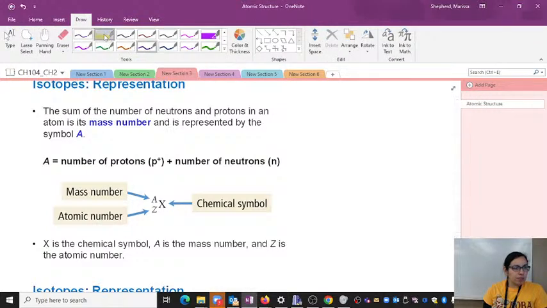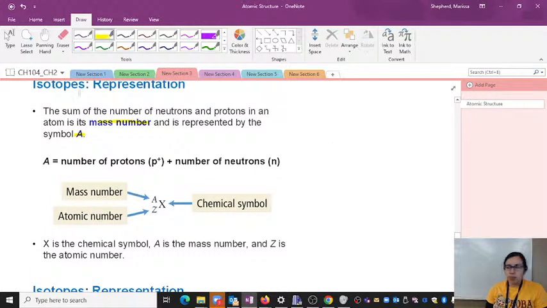And then, so now this is reiterating that your mass number is equal to your number of protons plus neutrons. So again, whatever your mass is of that particular atom you're looking at, it's going to be equal to your number of protons plus neutrons.